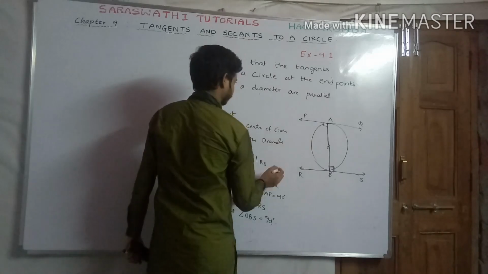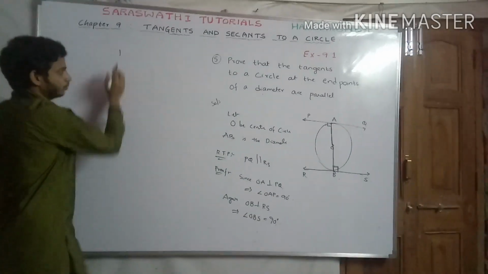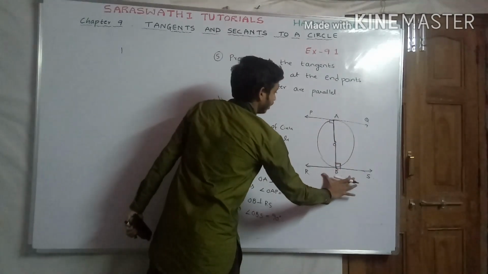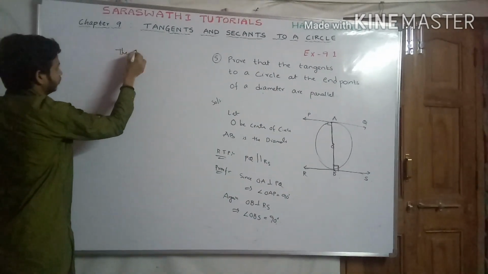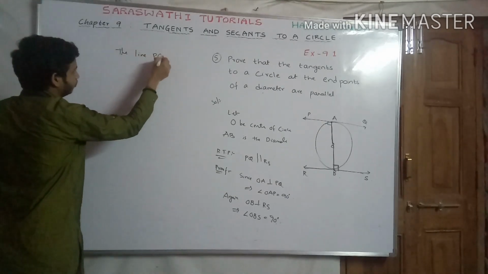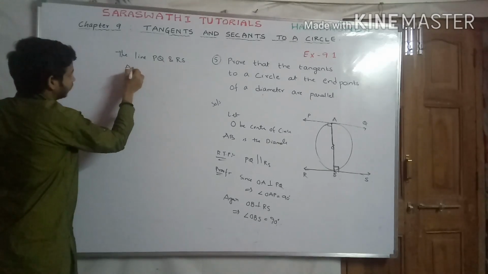Now consider the lines PQ and RS, and let AB be the transversal.